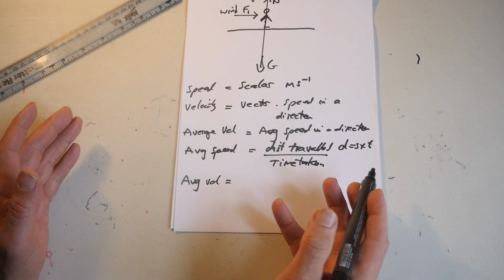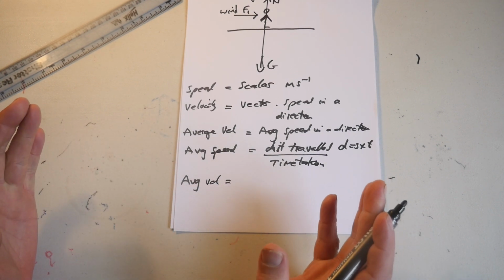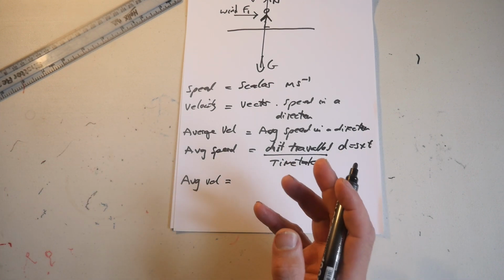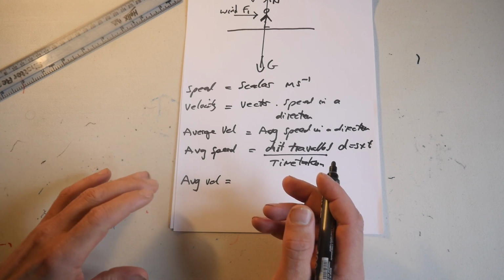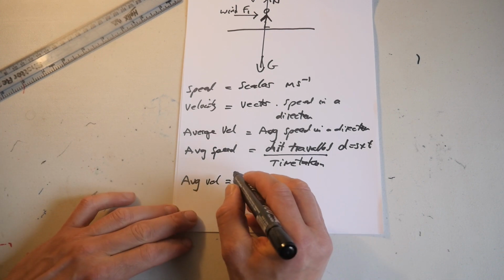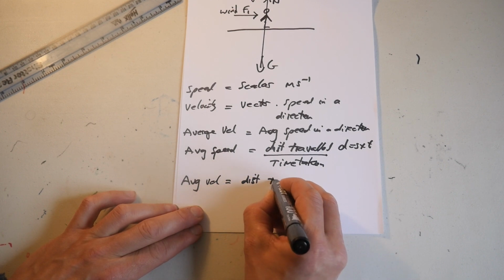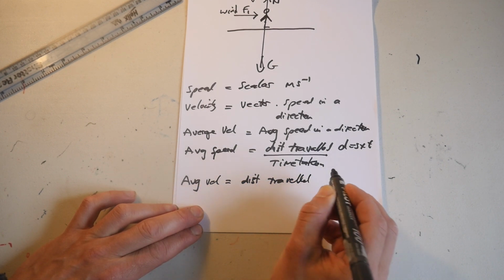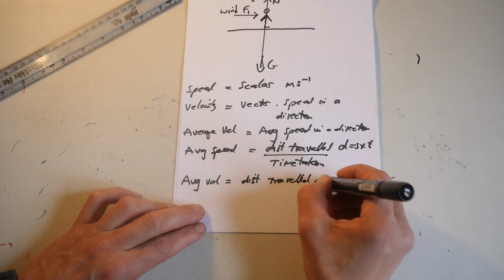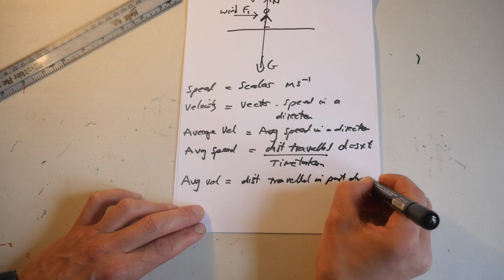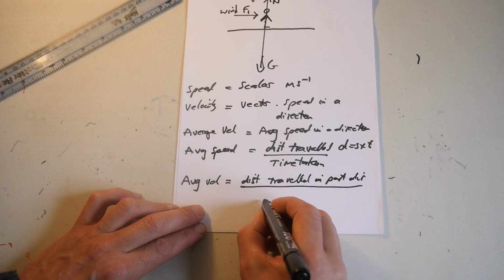It teaches you how to use the equations, it teaches you to understand the equations, and it teaches you how to understand problems. Average velocity equals the distance traveled in a particular direction divided by the time taken.